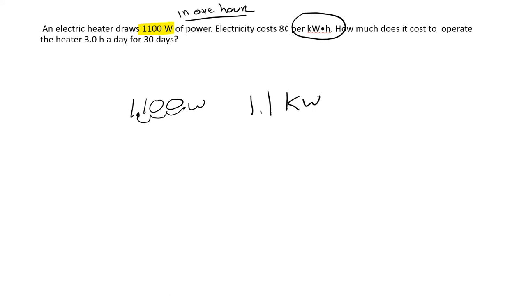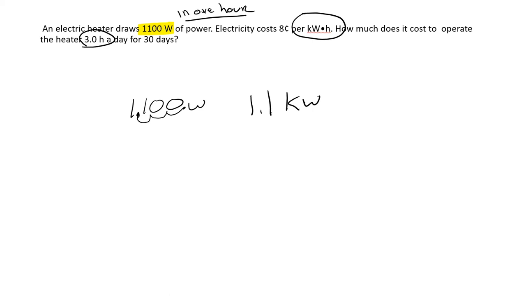So it's telling me that somebody dries their hair for 3 hours a day. Well, that's kind of insane. So we got a couple ways we can go about it. We can figure out how much it costs per 1 hour, or we can figure out how many hours over the course of 30 days it's used, and then figure out how many kilowatts.